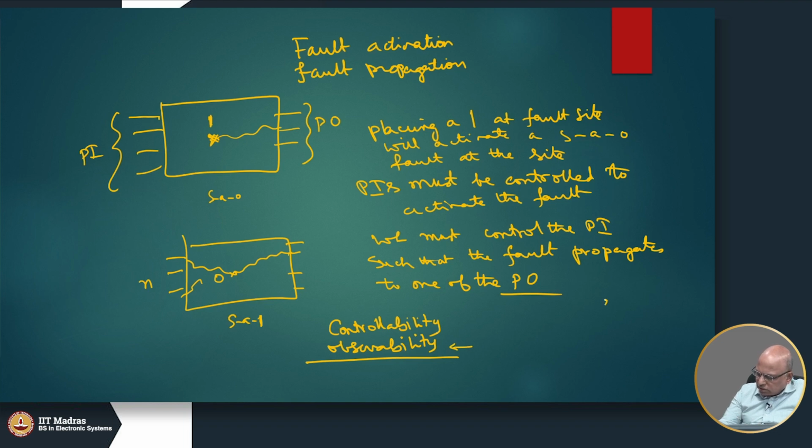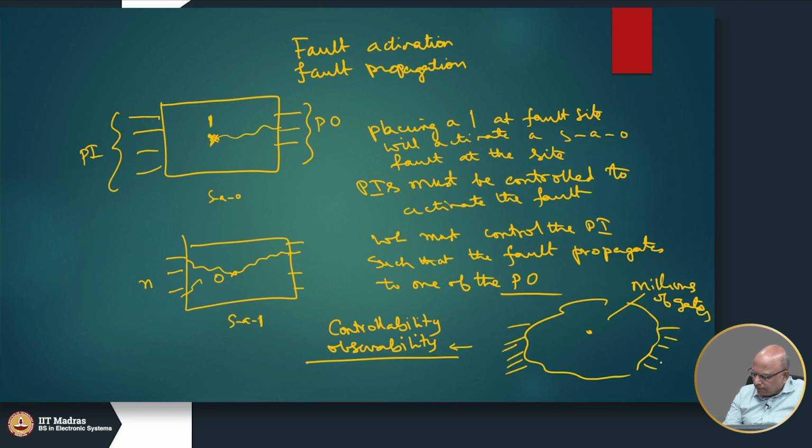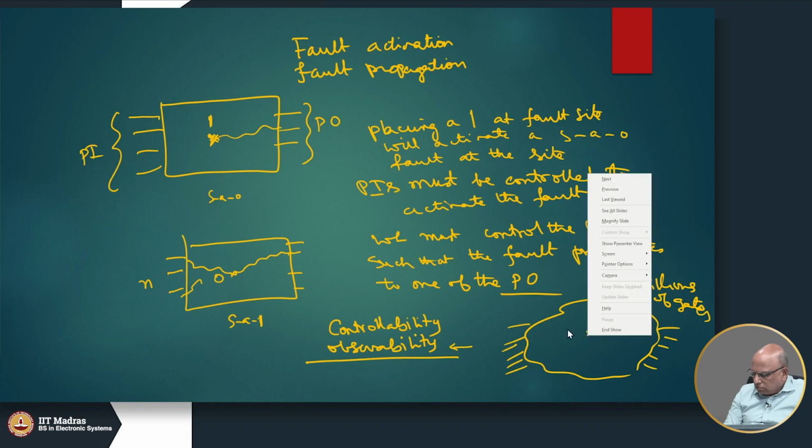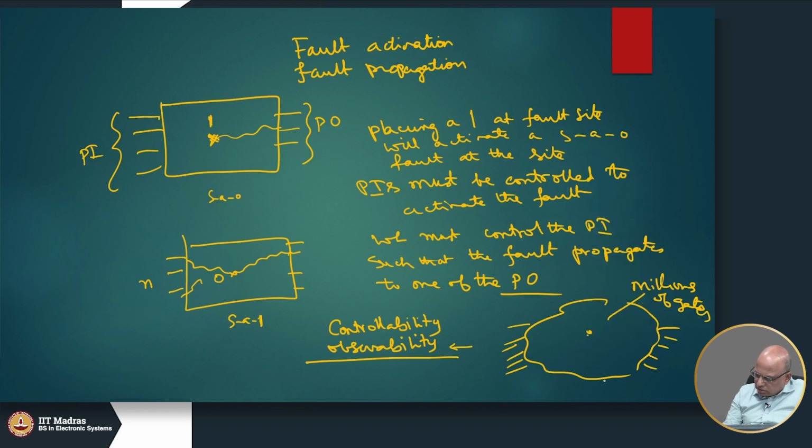So, in a very large circuit with maybe millions of gates, so if I have this wire and I have many inputs and many outputs, even to activate the fault, it may be a tough thing to do, and then propagating the fault by further controlling the inputs. Okay, so that is why this is a challenging problem.